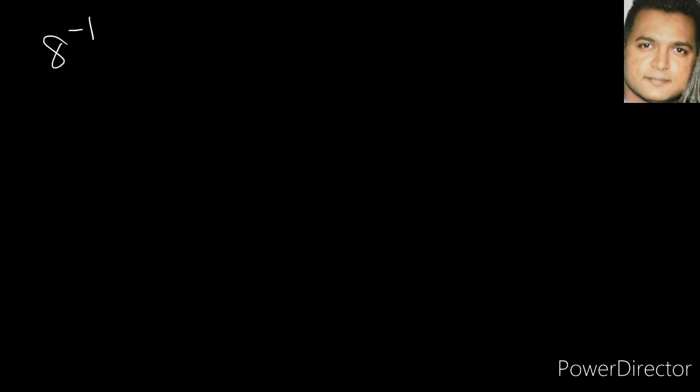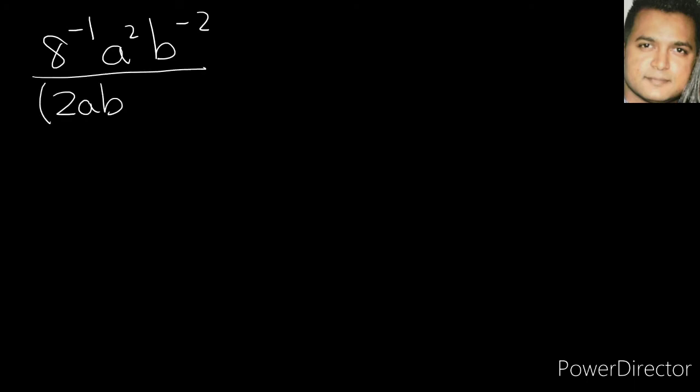8 to the minus 1, a squared, b to the minus 2, all over 2ab to the minus 1, all raised to the minus 3. So the first thing we'll do is to move these terms, because they're being multiplied, we'll move these terms to get positive exponents.